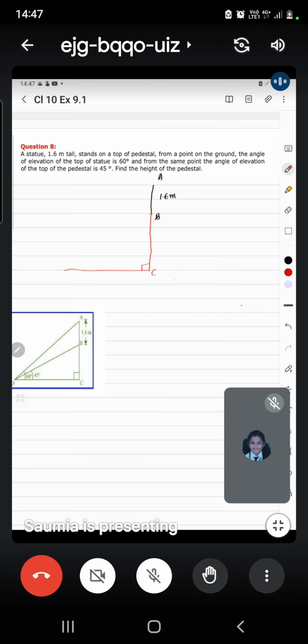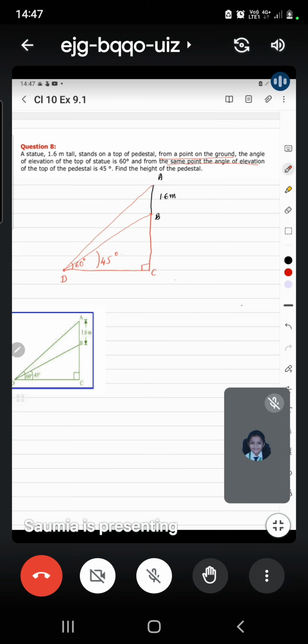Now, what else are they talking about? From a point on the ground. So let's take this point D on the ground. The angle of elevation of the top of the statue, that means the top of the statue is point A, is 60 degrees. And from the same point, the angle of elevation of the top of the pedestal, which is B, is 45 degrees.